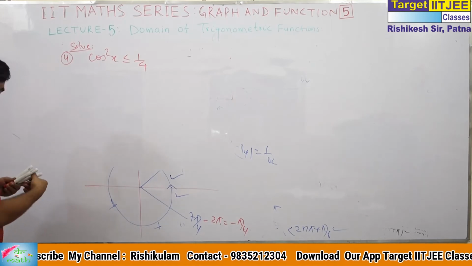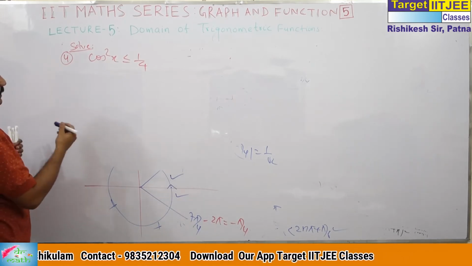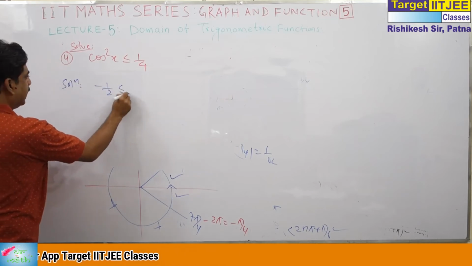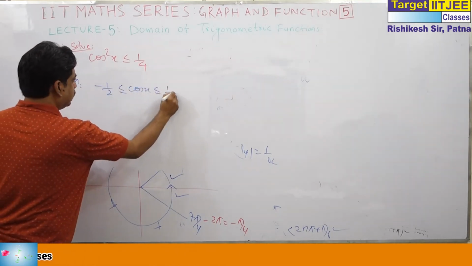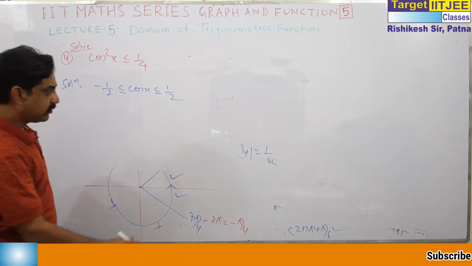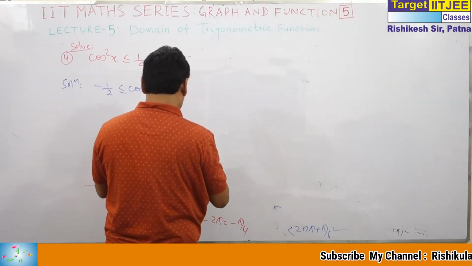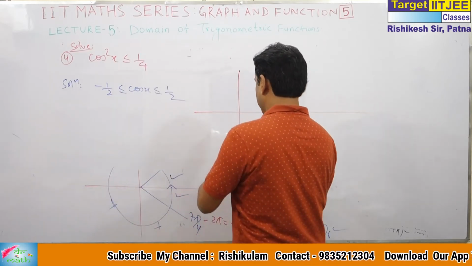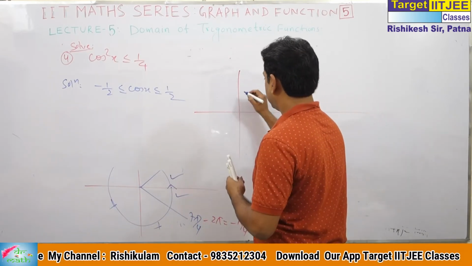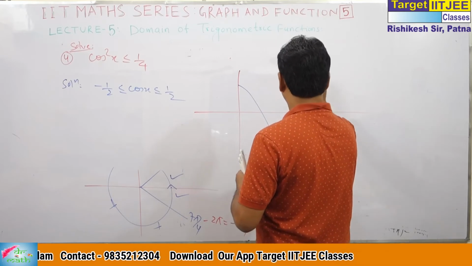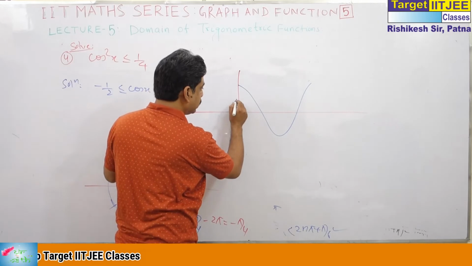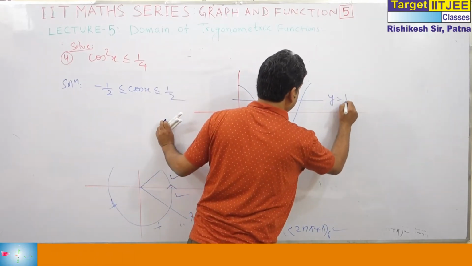Actually, this you can say is the solution: minus 1 by 2 less than cos x less than 1 by 2. If you come to this one, what do we have to do? Actually y is equal to 1 by 2.